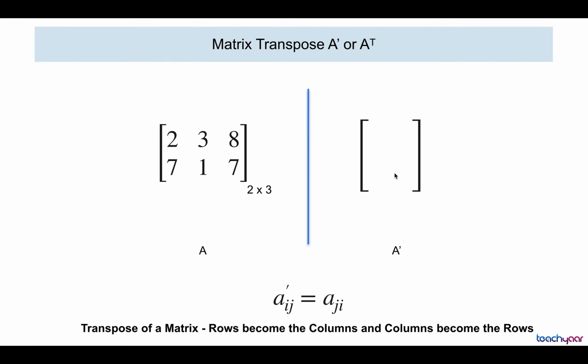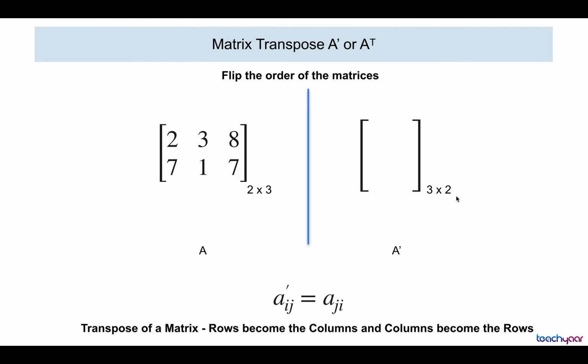So the order is basically flipped. When you take the transpose of a matrix A, then the transpose, which we are calling A bar, has the exact opposite order as the matrix. If the matrix has order 2 by 3, then the transpose has order 3 by 2. If the matrix has order 5 by 2, the transpose has order 2 by 5.